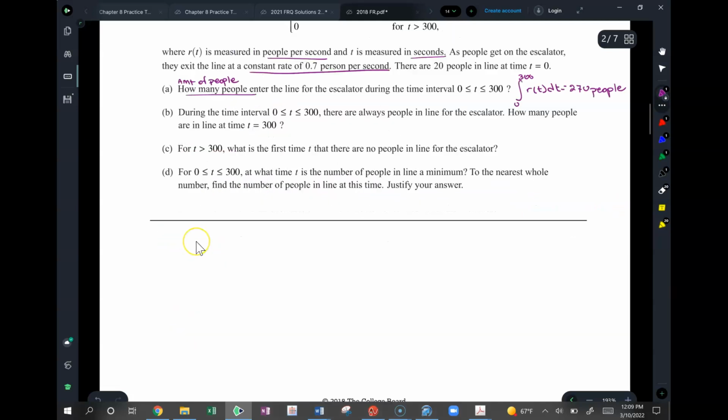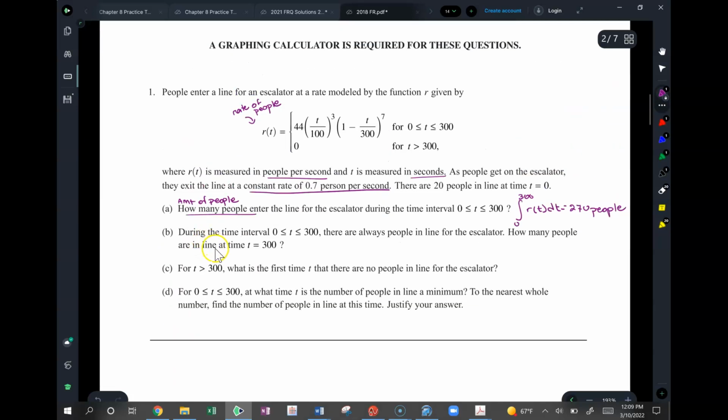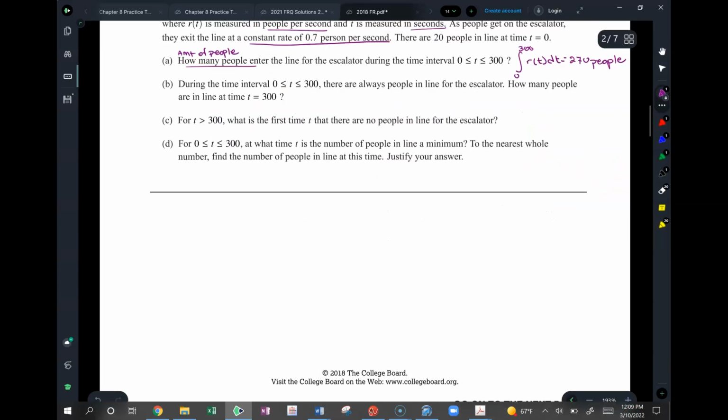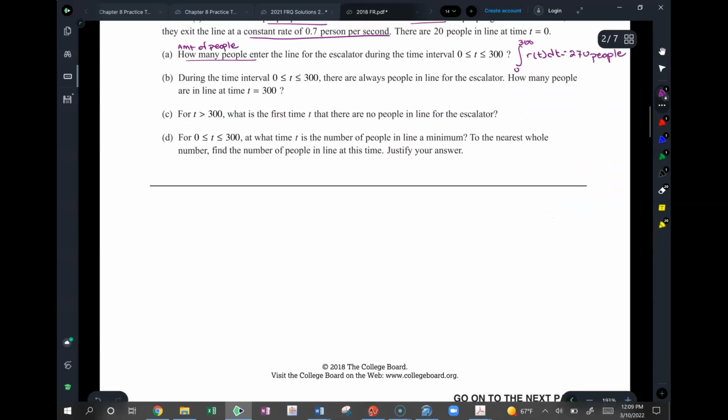Okay, during the time interval 0 to 300, there are always people in line for the escalator. How many people are in line at time 300? So this is like the final amount of people. So for part B, it's 20.